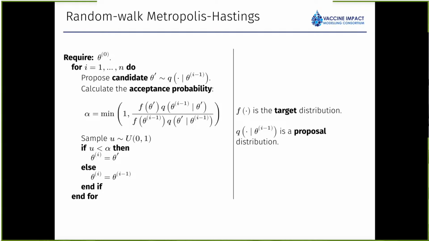So if I'm at time point 1, I will draw from some distribution that depends on the value of theta at time 0. This is usually just some kind of stochastic noise. In the previous example we had that normal distribution. You could just draw from a normal distribution here if you wanted to. We just add some noise.